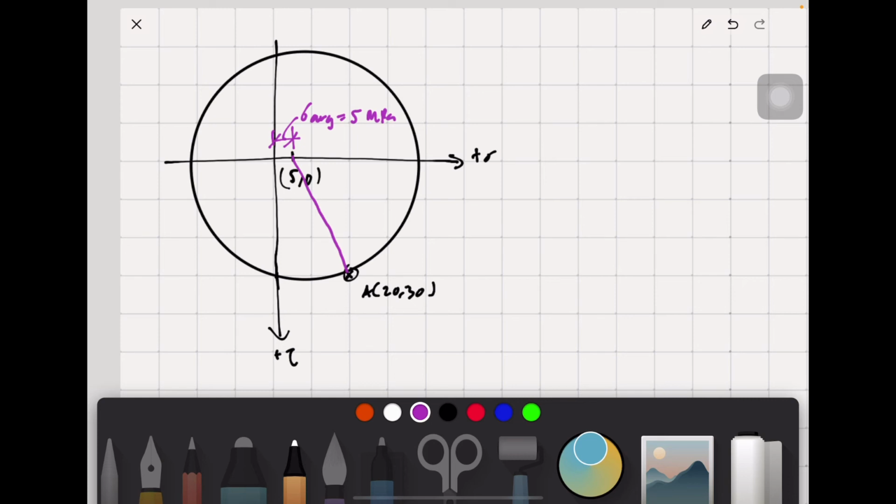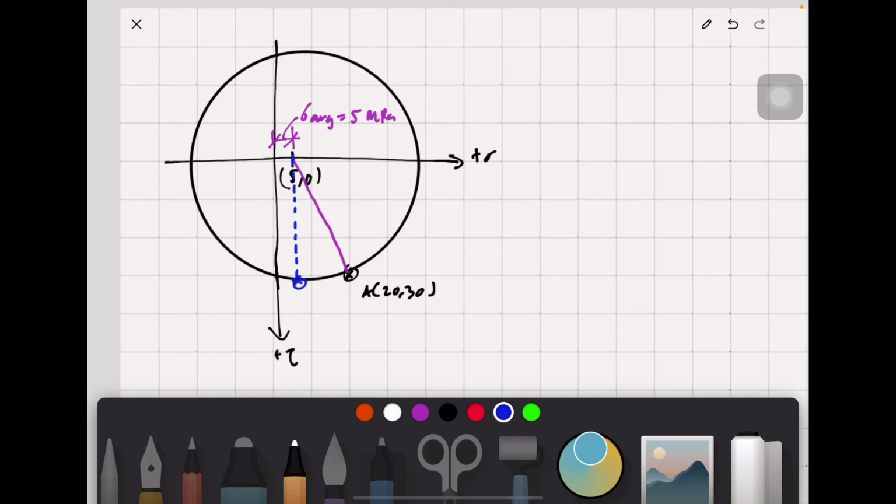From this center point, you can draw a line, and at this particular point, the maximum in-plane shear in Mohr circle can be denoted as the furthest point on the top and the bottom of the circle.